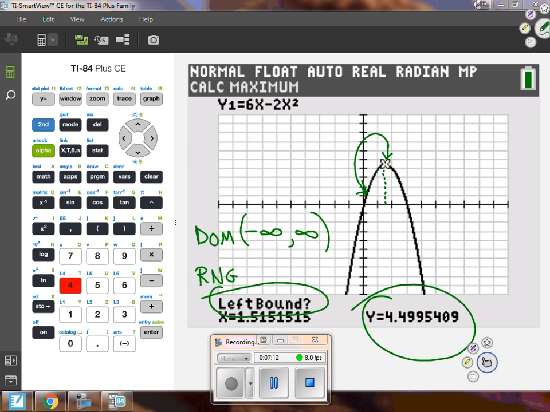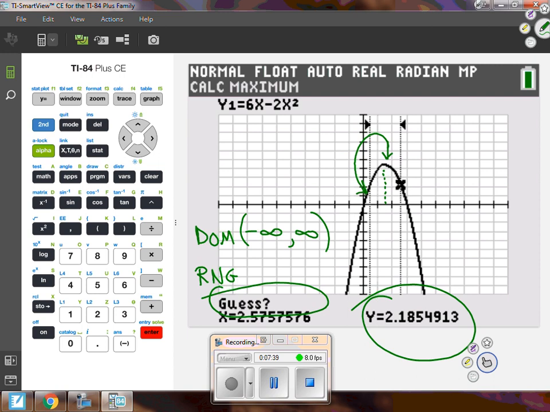So move it to the left a little bit and hit enter. What's the next question it's given you? Right bound. Move it to the right of the bump, till you get up over the hill. Anywhere. Hit enter. You've established this region or zone where the calculator is going to look for the max. That's what you're setting up.